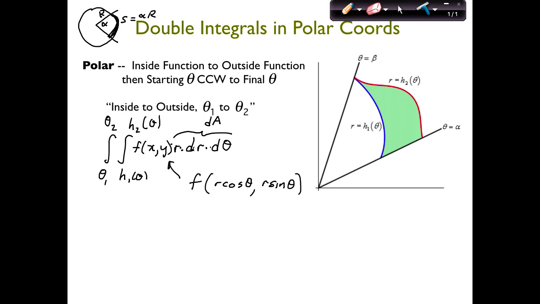What happens to the r? It's just all multiplied, so it just attaches to the function. It just puts another r on our function. So it comes to the party with the dr d theta, then it goes home with the f function. Okay.